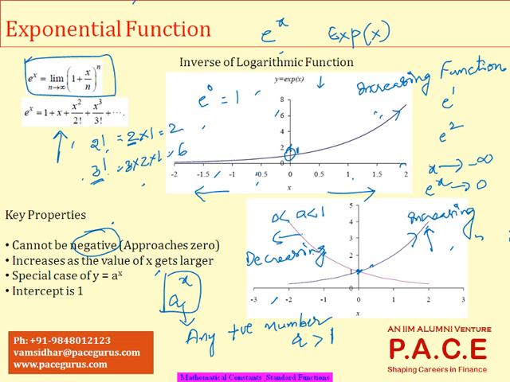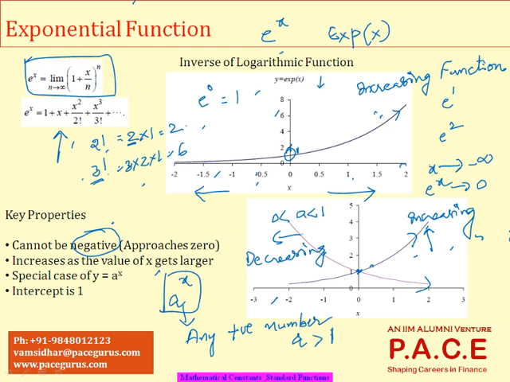As x is increasing, a to the power of x keeps falling and falling, and probably it approaches 0. Whereas as x is decreasing and decreasing, we see that a to the power of x is actually growing.